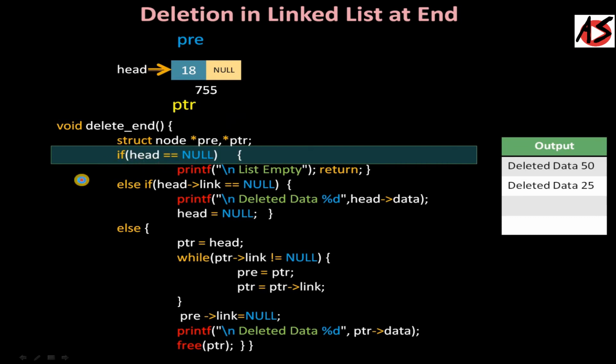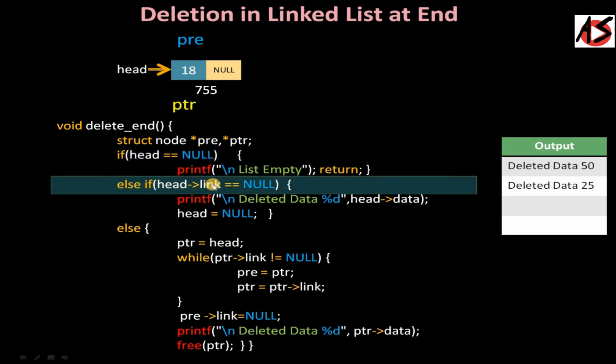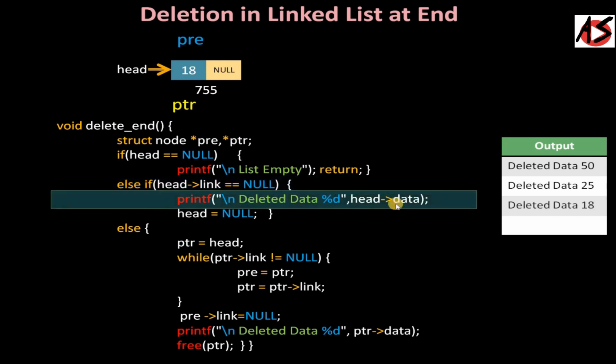So you are going into the else if part in which you are checking head link part is equal to null. So here you can see head and its link part, that is null. So this condition is true. So you are printing the deleted data, that is 18, because you are going to delete the last node available in the list.